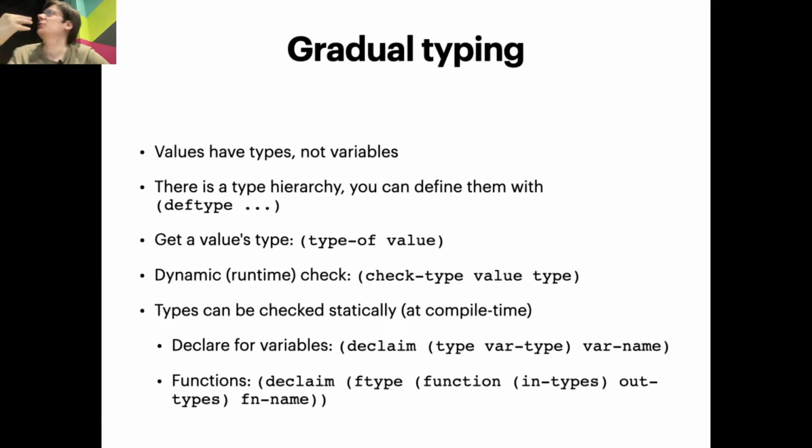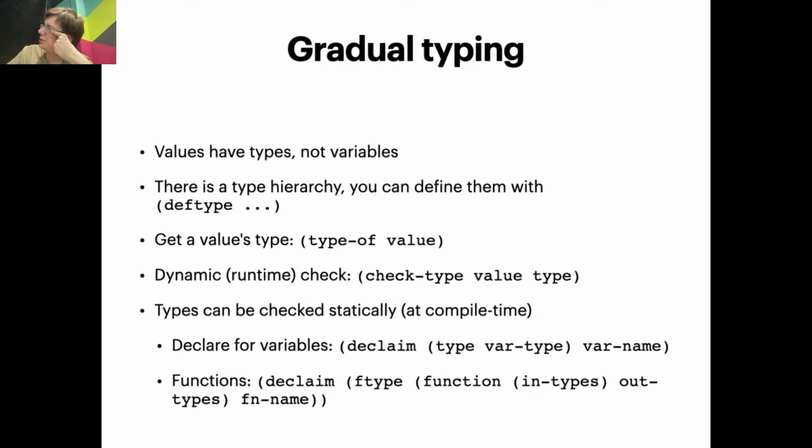You get a value's type by using the type-of form. You can check its type dynamically with the check-type form. You give it the value and the type you expect, and if it's not the right type, it would signal an error. We can also check our types statically at compile time.